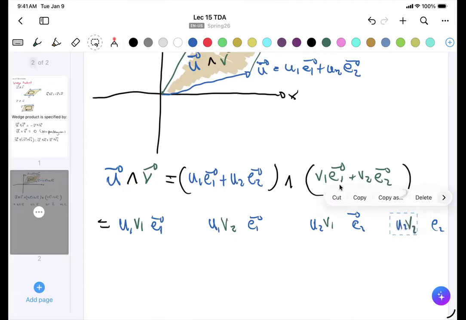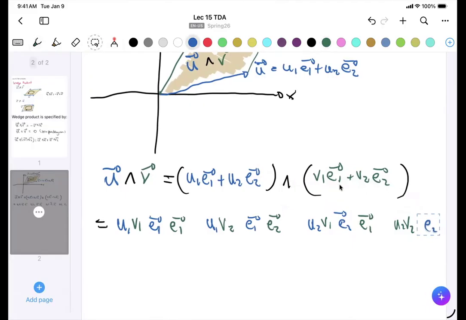Okay, so let me just write everything first, and then I'll show you what's happening here. E1, E2, and then E1, E2, and this U1 should have stayed as U2. And this one should have an arrow, and this one should have an arrow.